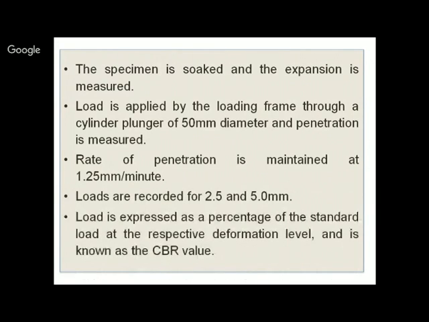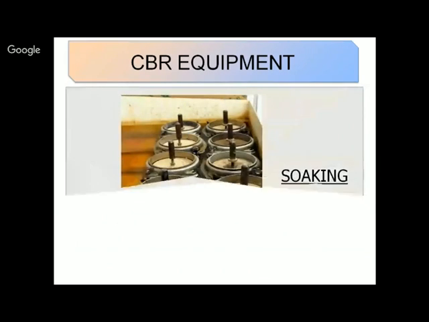As the piston penetrates the soil, the corresponding load is noted. The first load is noted for 2.5 mm penetration, whereas the second load is noted for 5 mm penetration. Now this load is expressed as a percentage by dividing it by a standard load given by the designers of the experiment.